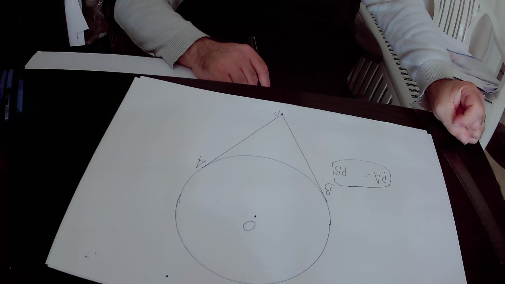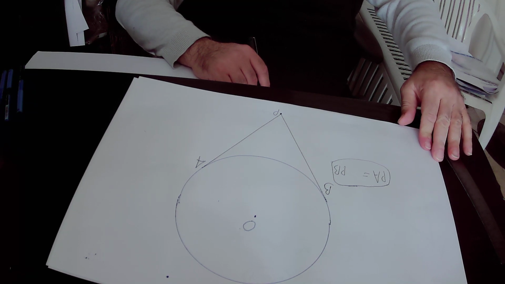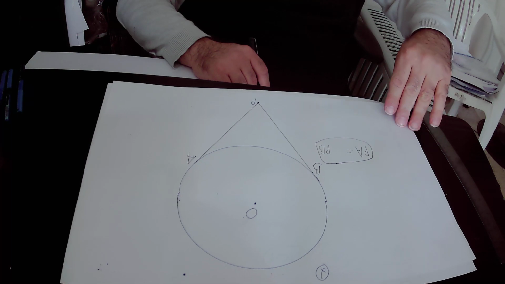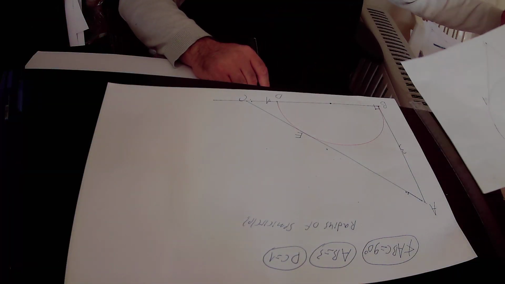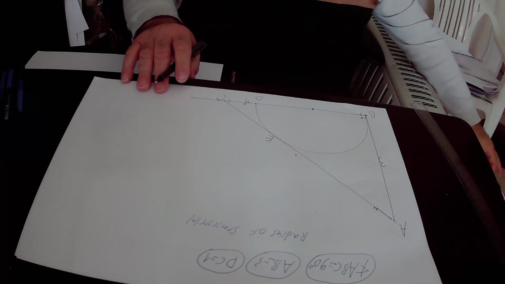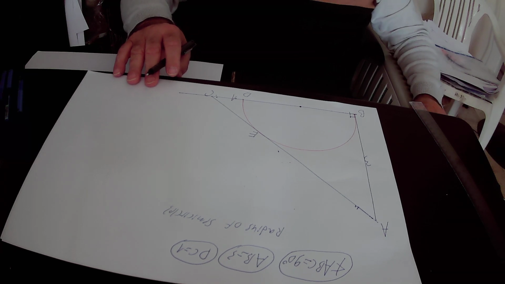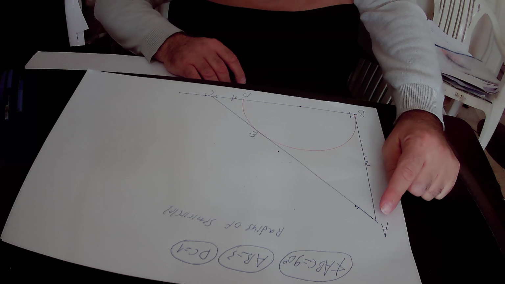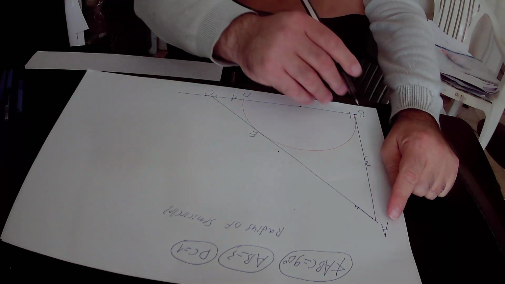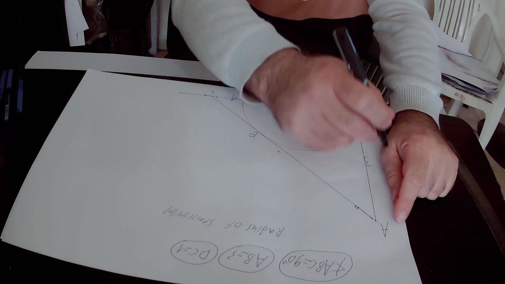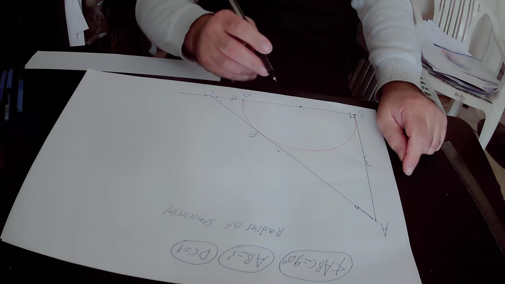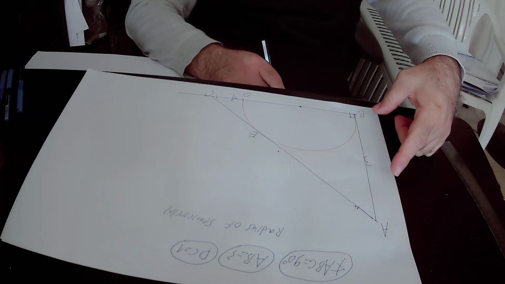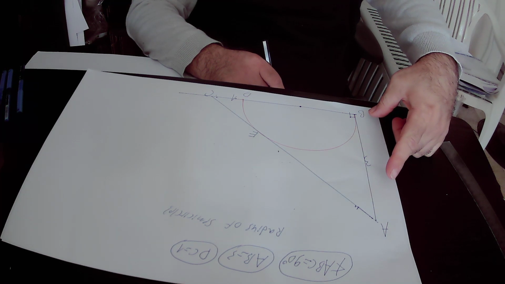So actually, we can implement the two tangents theorem in our drawing, because in our drawing we have the external point, point A, which is an external point of this red semicircle, and from point A we have two tangents to this circle.